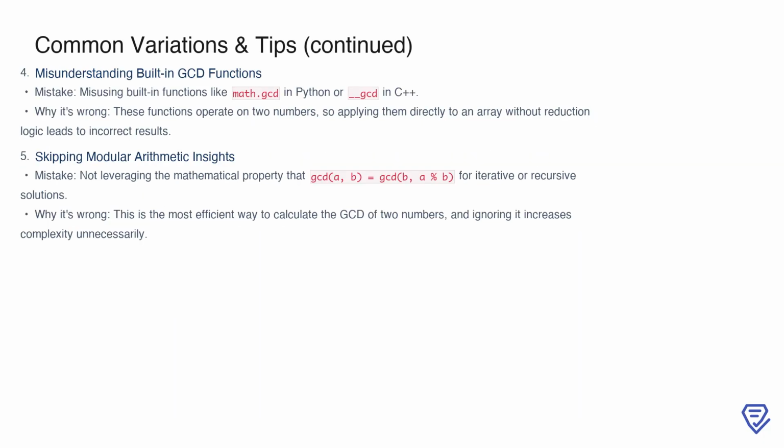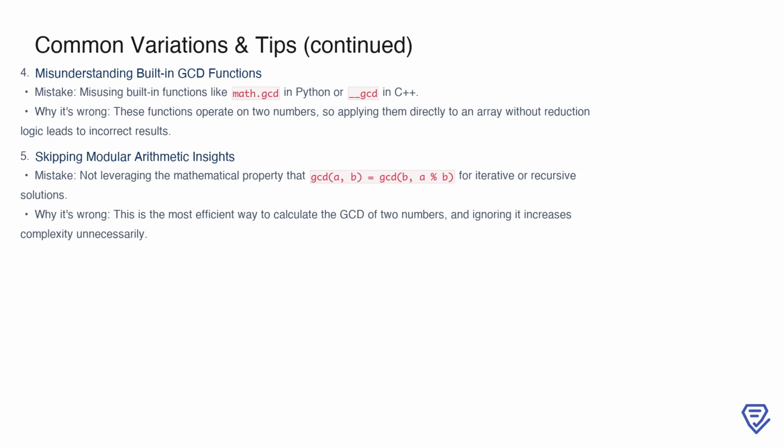Another set of mistakes involves misunderstanding key concepts. Misusing built-in GCD functions is a frequent issue. In Python, for example, math.gcd operates on two numbers, so applying it directly to an array without reducing the elements won't give the expected result. You need to reduce the array step by step using the GCD function to avoid incorrect outputs. Additionally, some miss the opportunity to leverage modular arithmetic.